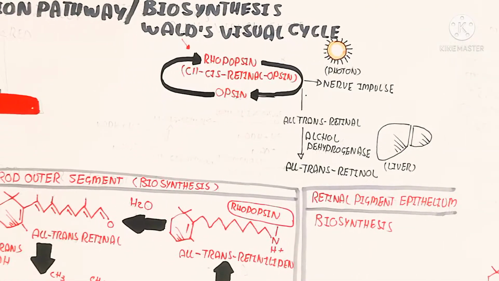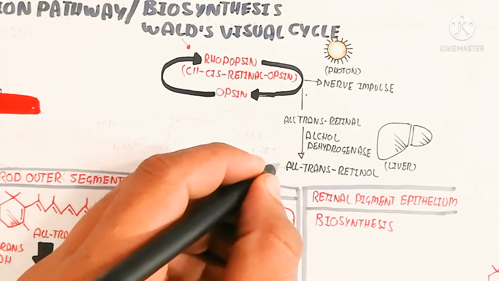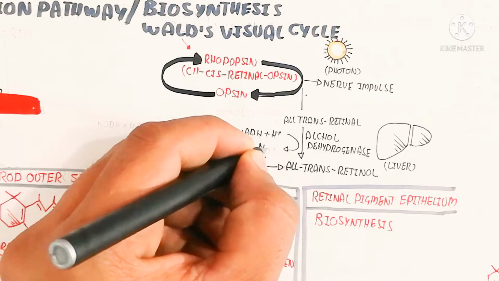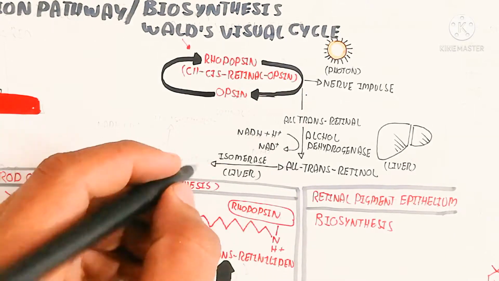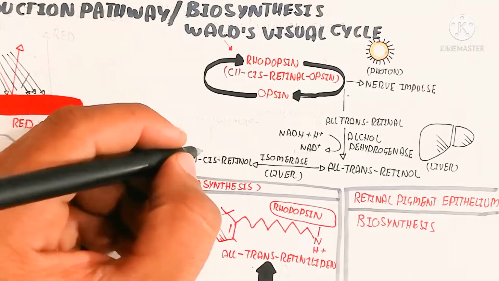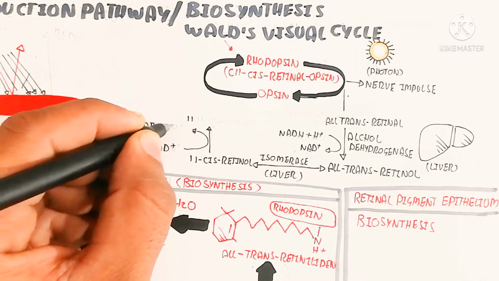Here is the all-trans retinal, for which alcohol dehydrogenase enzyme is used in the liver. When going to the liver, this vitamin A, all-trans retinol formation occurs. After this, NADH is used to produce NAD plus and all-trans retinol.